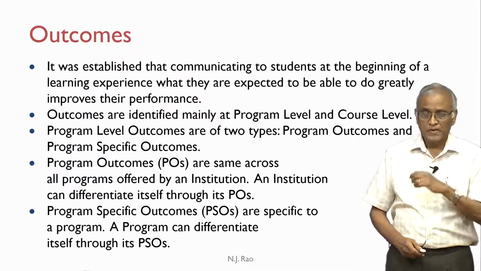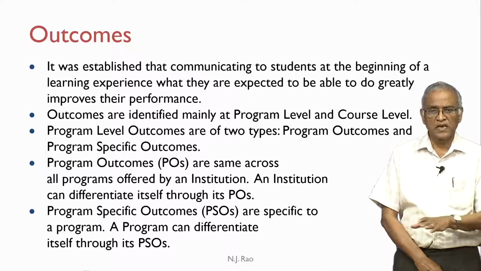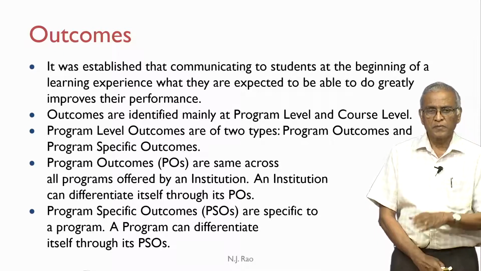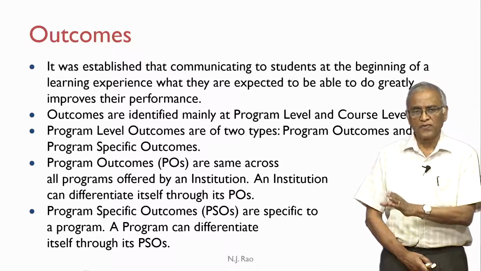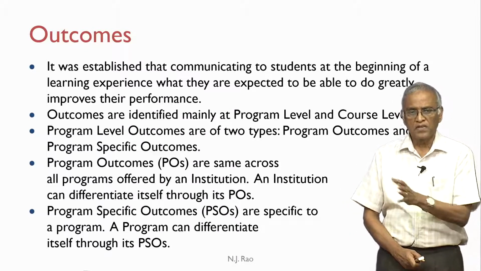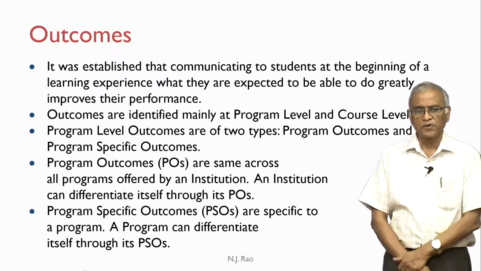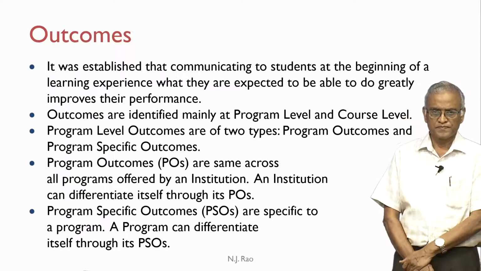For example, a BSc in physics given in University A need not be identical to a BSc offered in University B. That is what it is. How are they different? Their differences are reflected through these program specific outcomes.